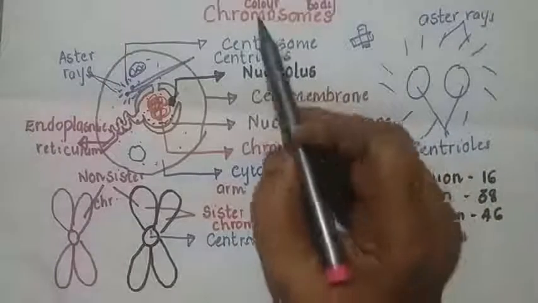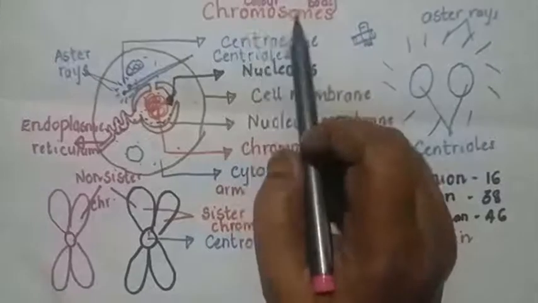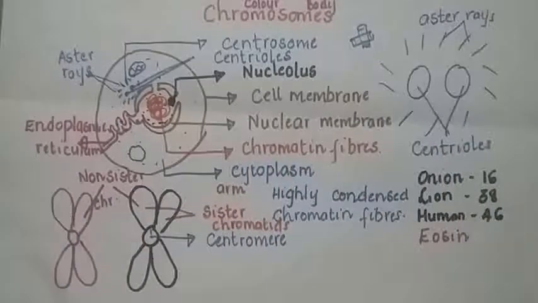Hence, they have been named chromosomes, that is colored bodies, because they are the ones which take up the stain of the dye that we add to the cells.